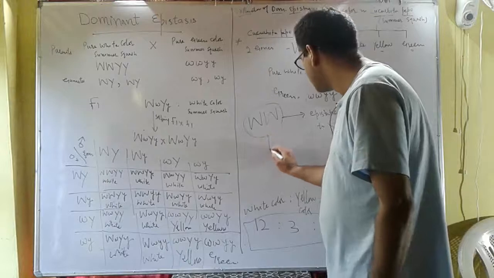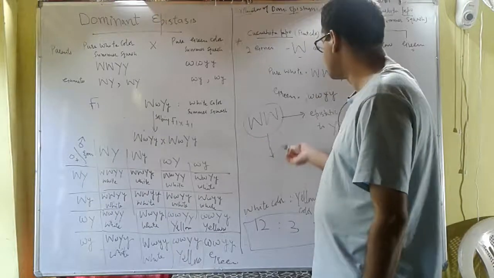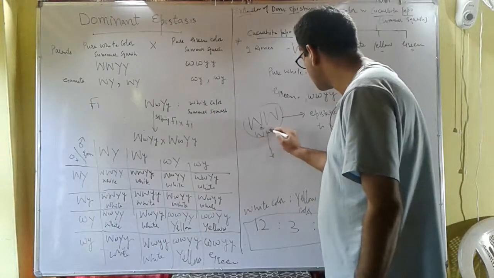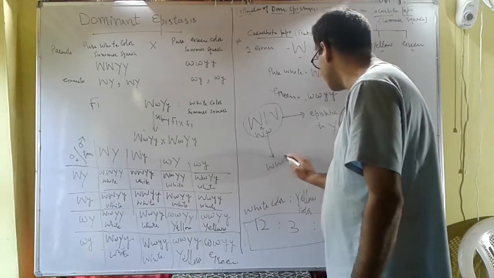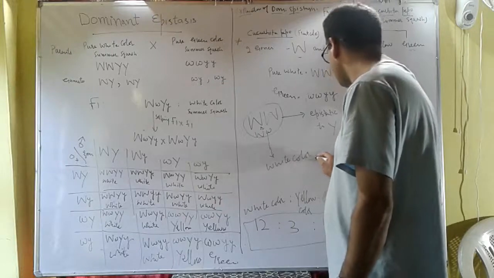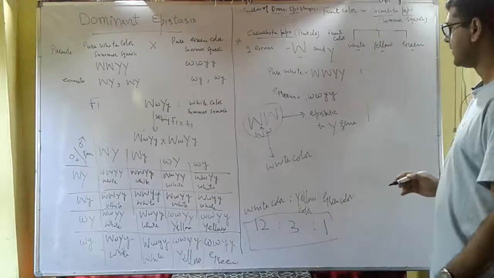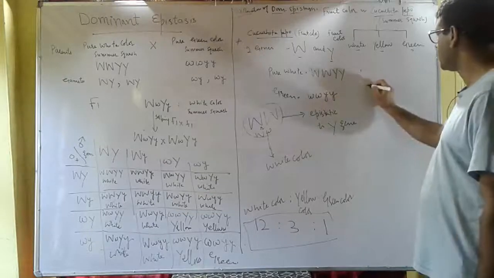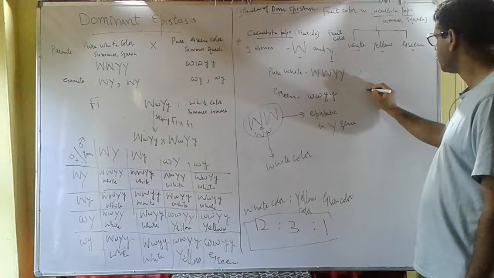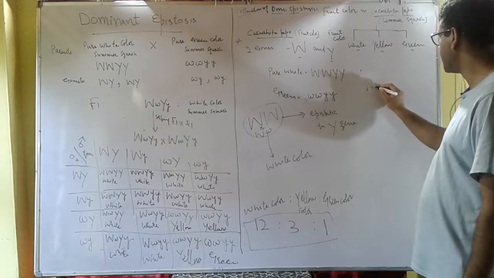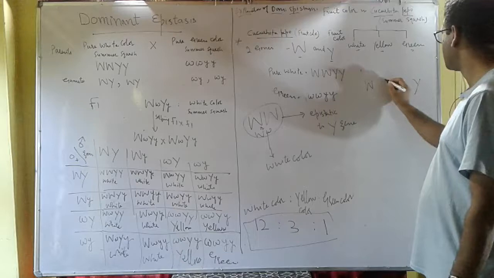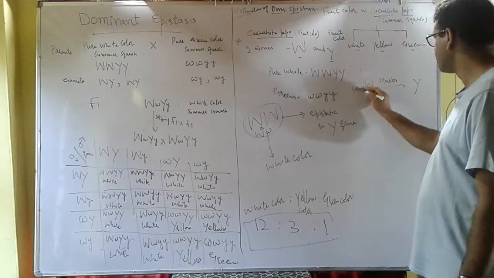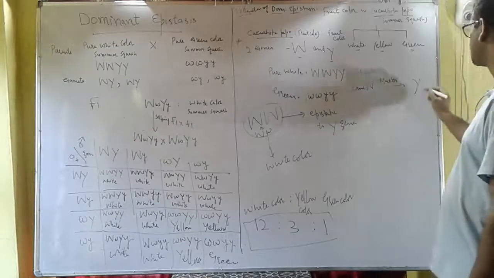So we can say that capital W, small w shows white color. That is the dominant gene W. It prevents the expression of Y gene. It masks the Y gene.